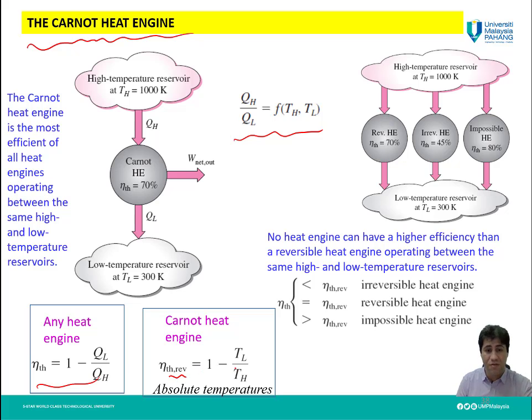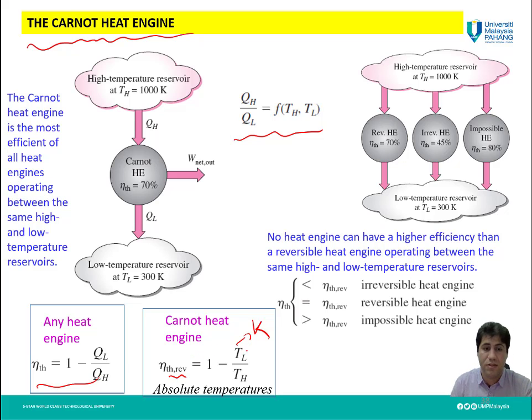The most important thing for this equation is that TL and TH should be substituted here in terms of a Kelvin scale for temperature. So TL and TH are absolute temperatures in Kelvin to find the thermal efficiency of a reversible or a Carnot heat engine.